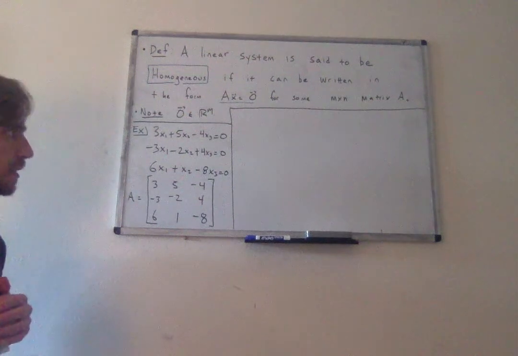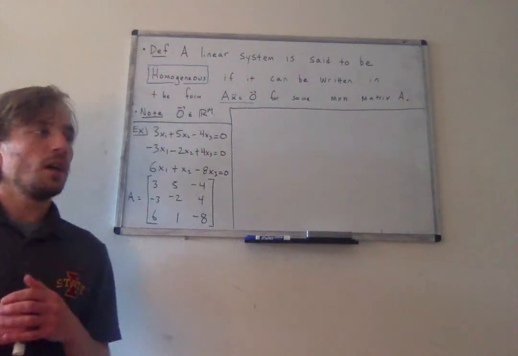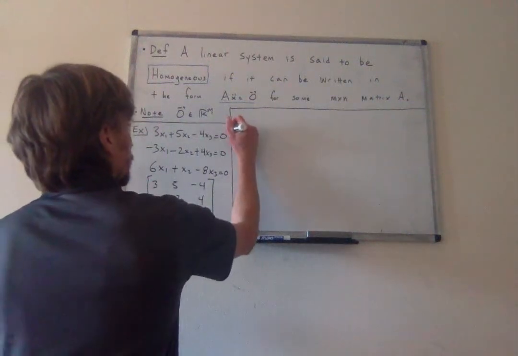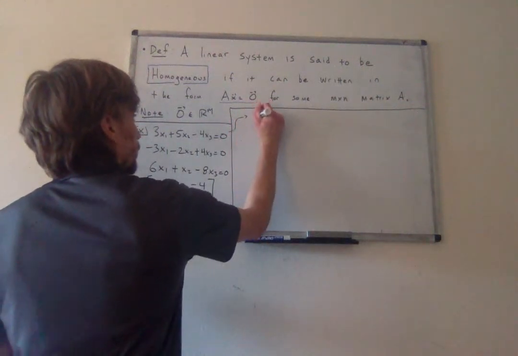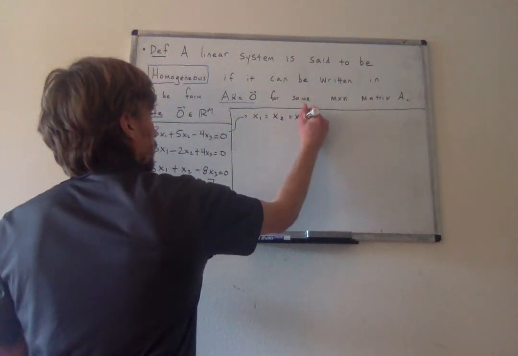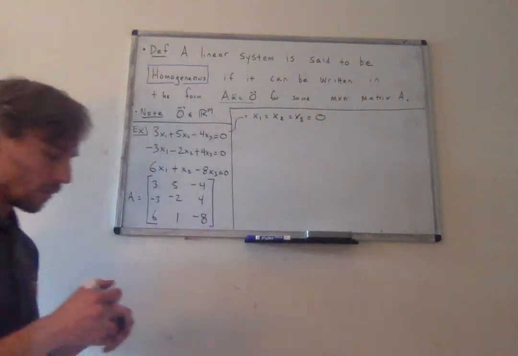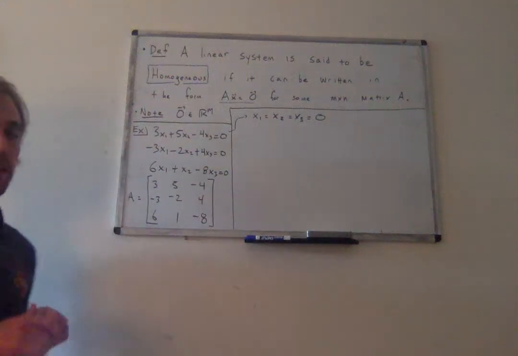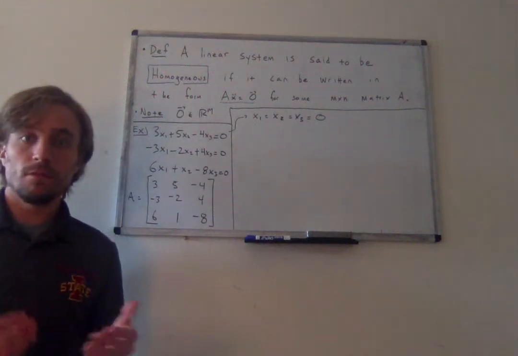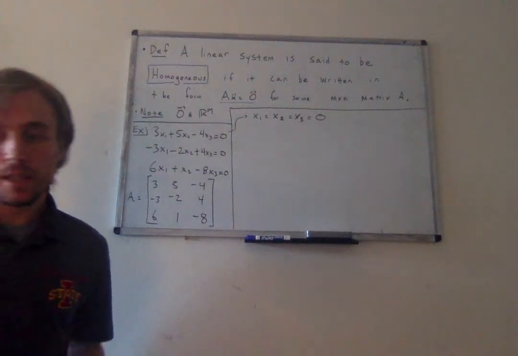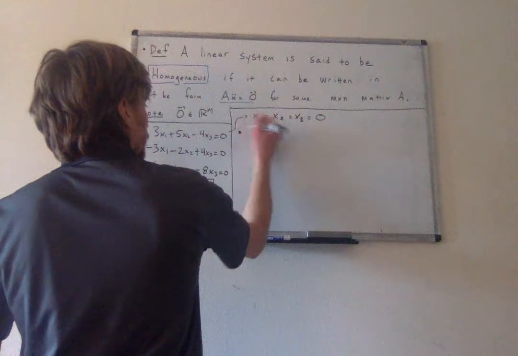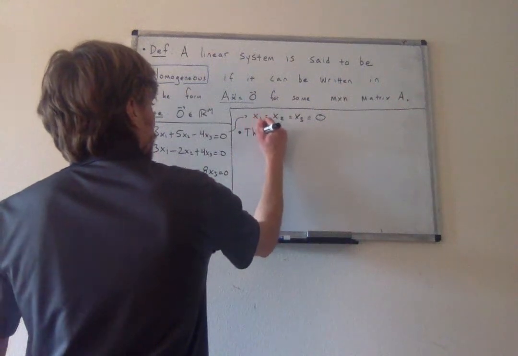Looking at this, it seems a little silly, but the solution is just to let each variable equal 0. That makes each of these equations equal to 0. That isn't very fun, but it is always a solution. Because it's sort of cheating, we call it the trivial solution.